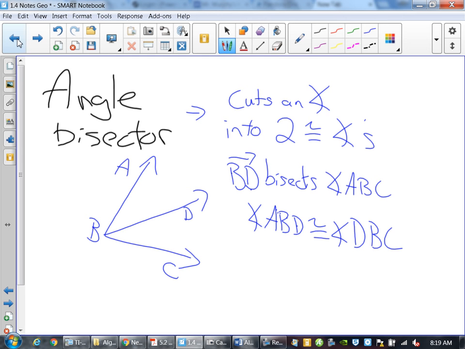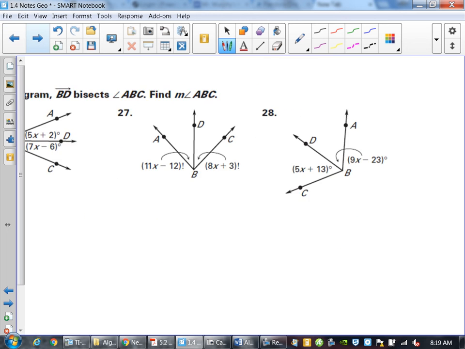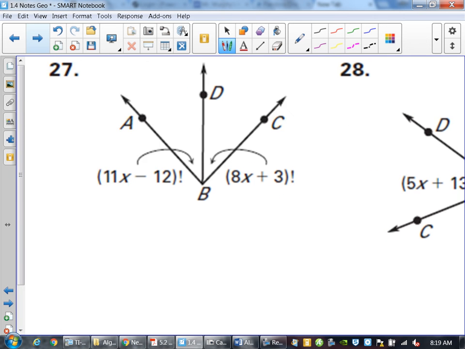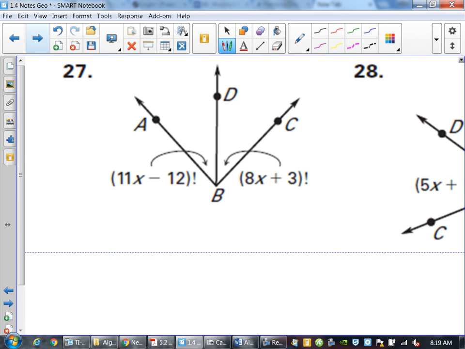Anyway, so let's look at an example. In this example, it says that BD bisects ABC. Now, one of the things that comes up all the time in this book is that people freak out when they see the exclamation point.